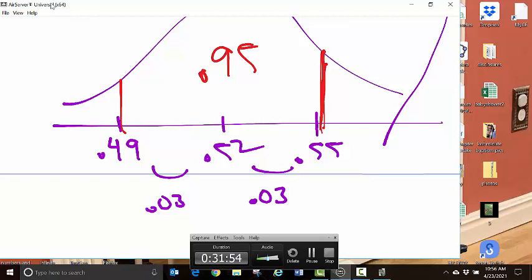What do you guys think? Should I say the question again? Okay. So the question is, they took a sample, and their sample makes it look like 52% of the people are planning to watch.